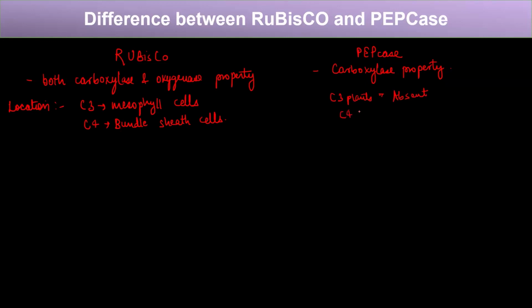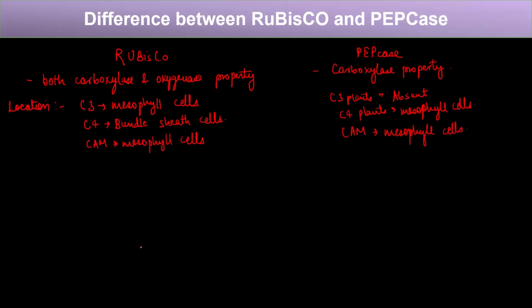While in C4 plants, it is present in the mesophyll cells. In the CAM plant, Rubisco is present again in the mesophyll cells, while PEPcase is also present in mesophyll cells.